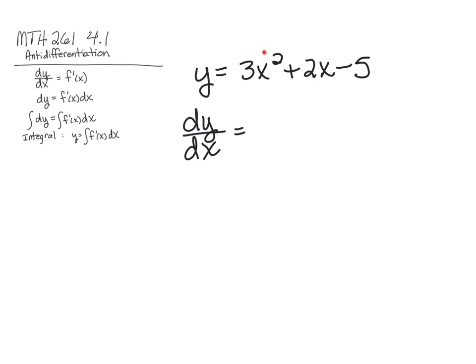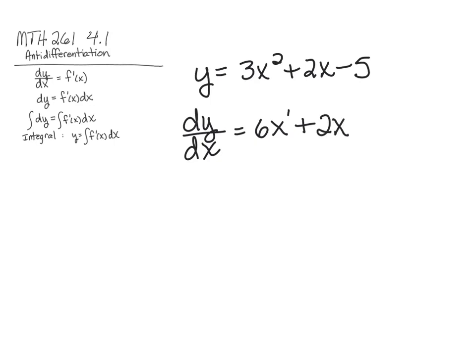We multiply whatever the power of x is down, and then we subtracted 1 from the power. Now we don't write x to the 1, but you can see what happens, right? The next term, 2x to the 1, we're going to take the 1 power here and multiply the 2 by that, which gives us 2.